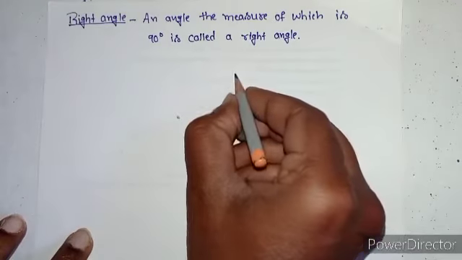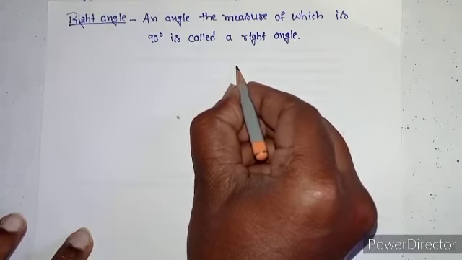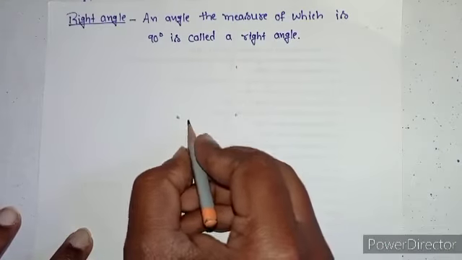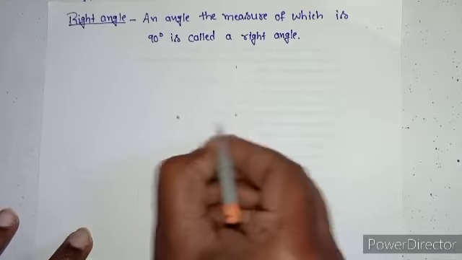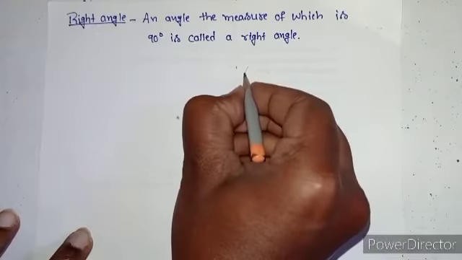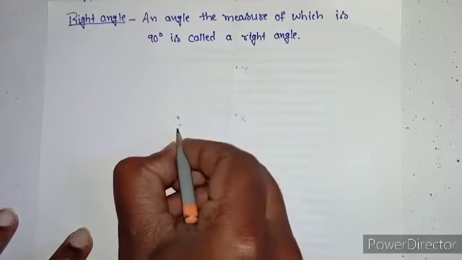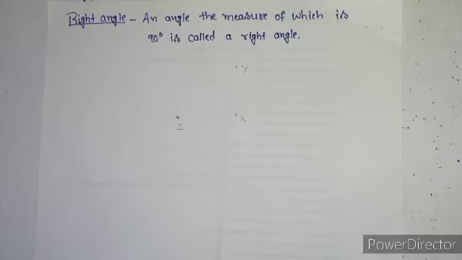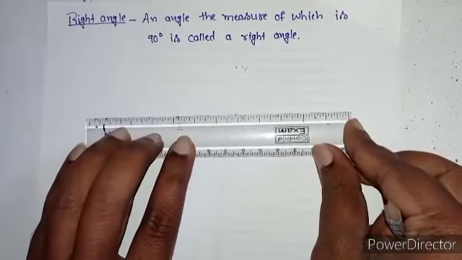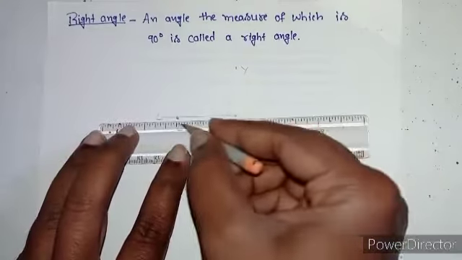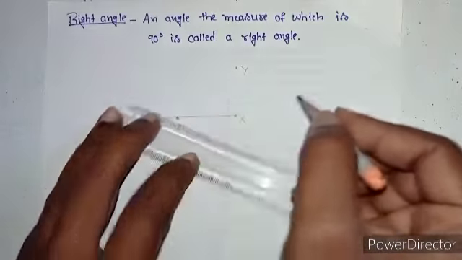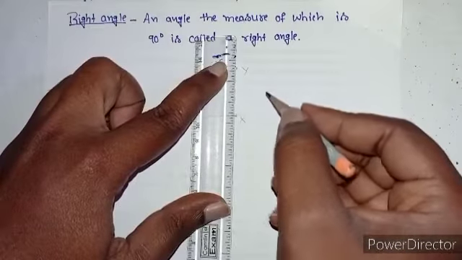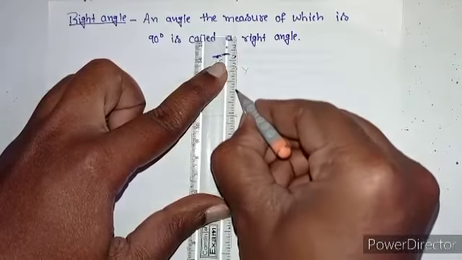Next I am going to give names to these points: X, Y and Z. Now I am going to join these points: XZ with an extended arrow, and next XY with an extended arrow.